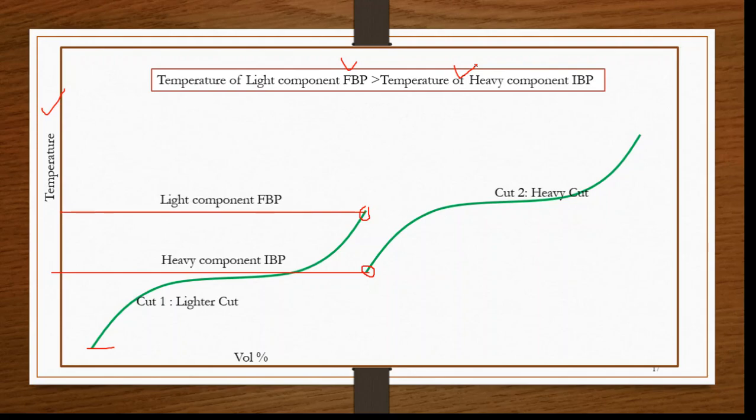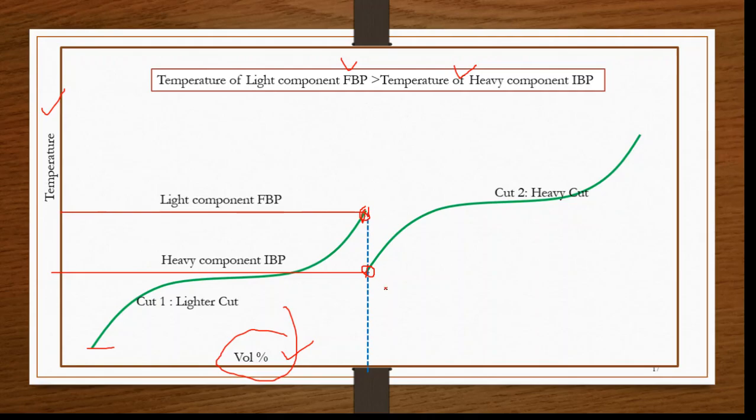That is one thing. The second thing is that the x-axis is the volume percent. So on the x-axis, when one cut is completed, for example cut 1 is up to 35%, just after that the next cut will start, meaning one cut ends here at 35 and the second cut starts from 35 onwards.